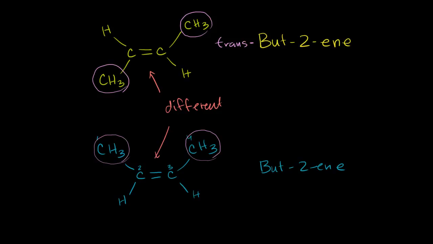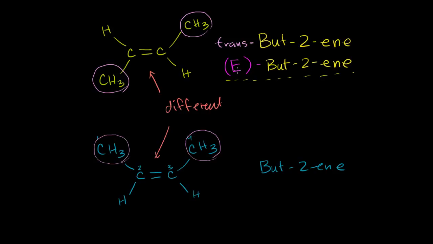And instead of writing out Entgegen, we write E in parentheses. So we would call them, we do this in a different color since this molecule down here is blue, E-butene. These mean the same thing, E-butene. But this is now kind of the standard convention.